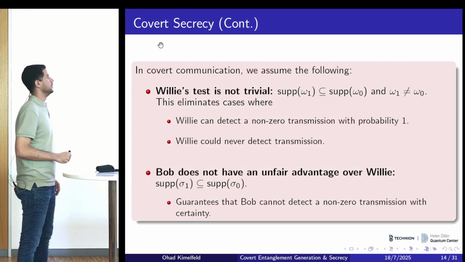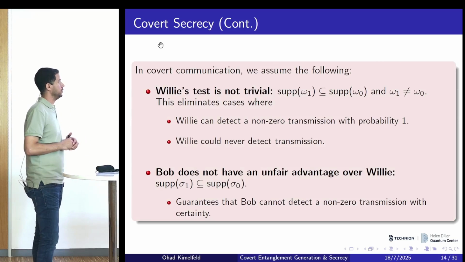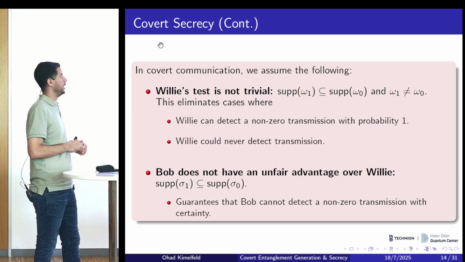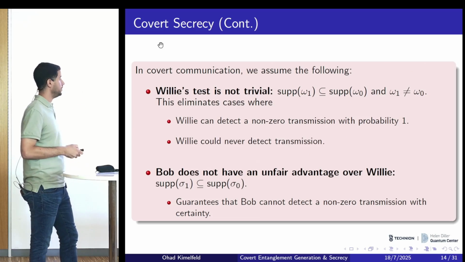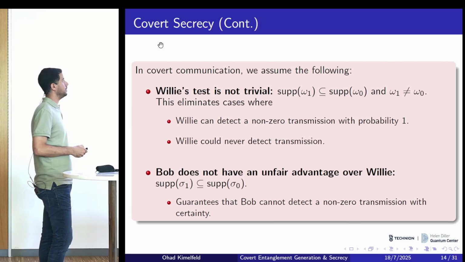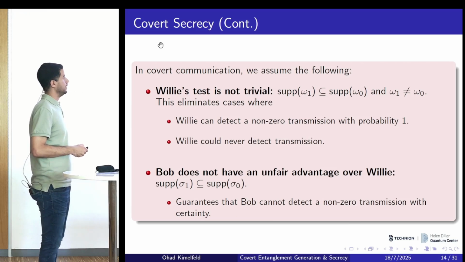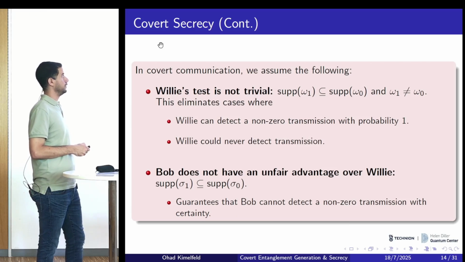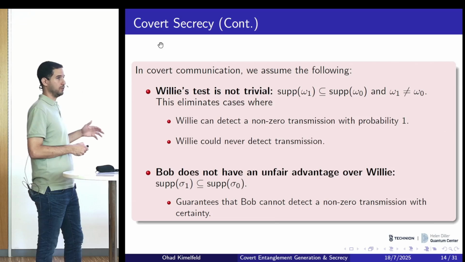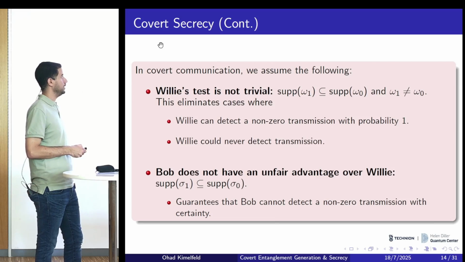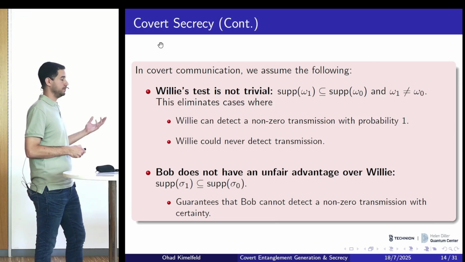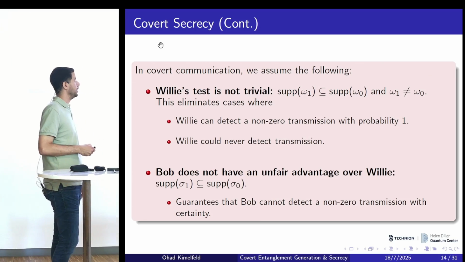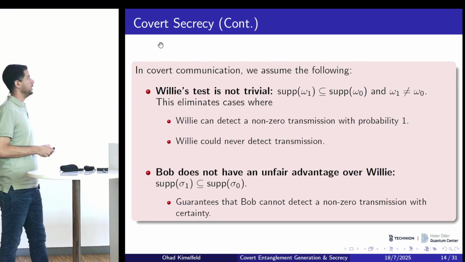Okay. Now, before we get into the main result, we take two important assumptions. The first one is that Willy's test is not trivial. Mathematically, it can be described as the support of omega 1, which is Willy's state corresponding to the input 1, being a subset of the support of omega 0, which is Willy's state for the innocent input 0, and that these two states are not equal.